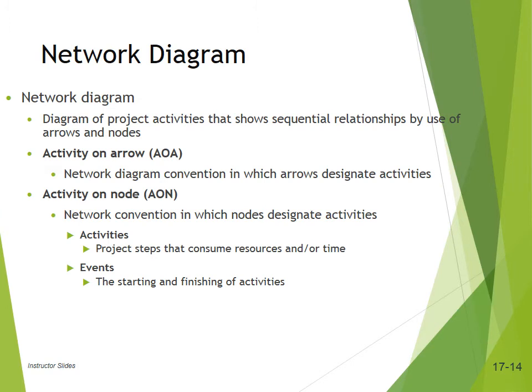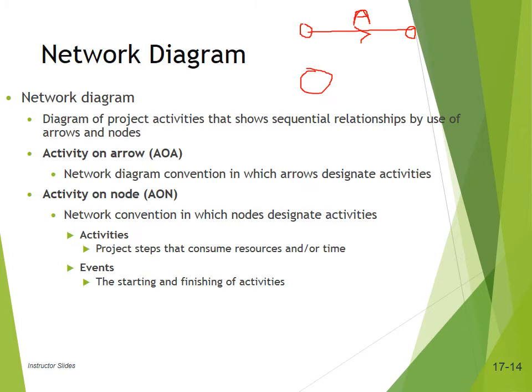Network diagram. In the PERT and CPM technique, we represent the project in a network diagram. In a network diagram, we can represent an activity on the arrow, activity A. So the activity is represented on the arrow, or it can be represented on a node as well.